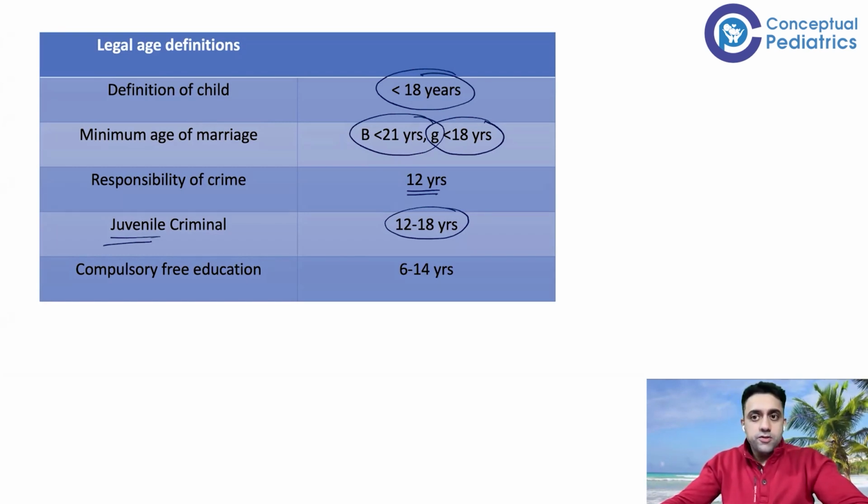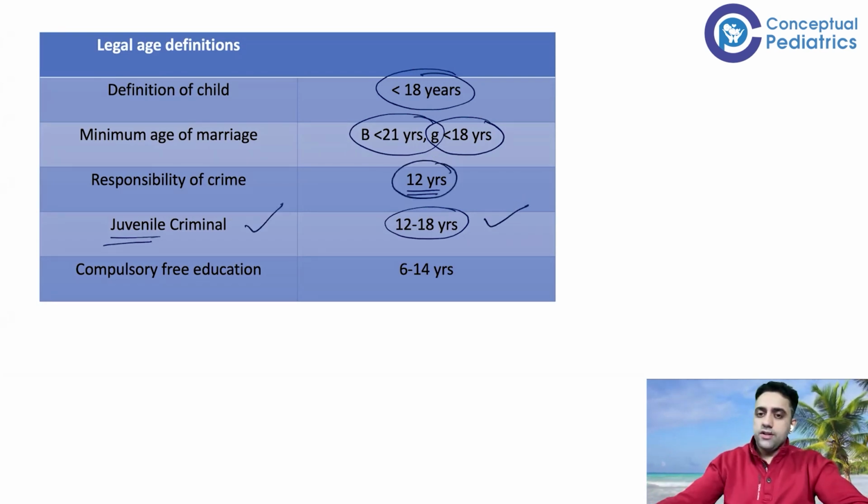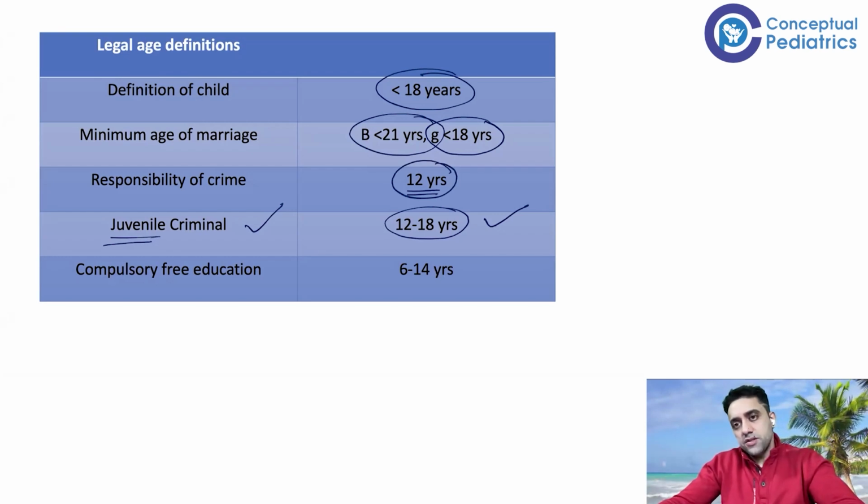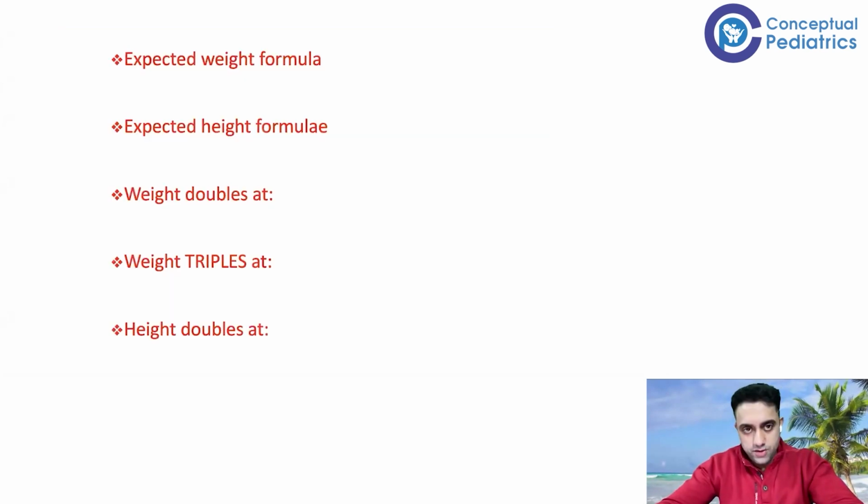Responsibility of crime is 12 years, and 12 to 18 years is known as juvenile crime or juvenile criminal. Compulsory free education, the government yojana, is given to 6 to 14 year olds. Now, after legal definitions, a little bit on anthropometry, and then we talk about micro and macrocephaly.